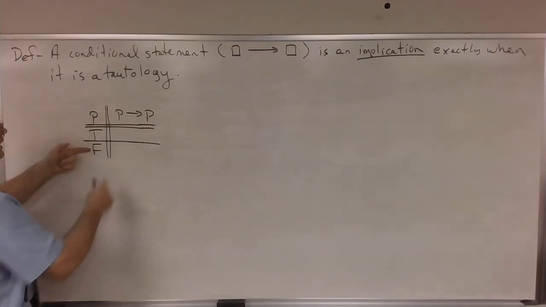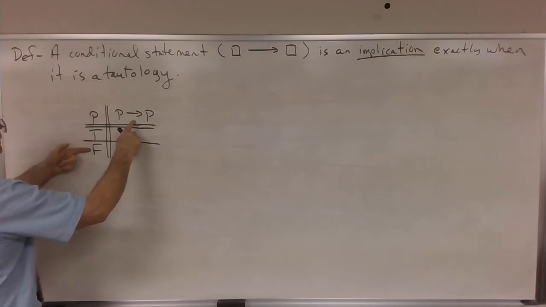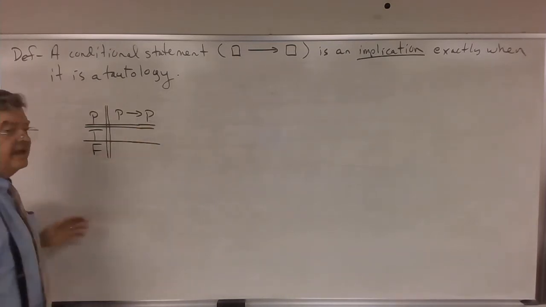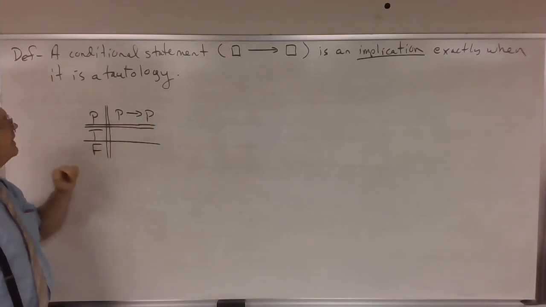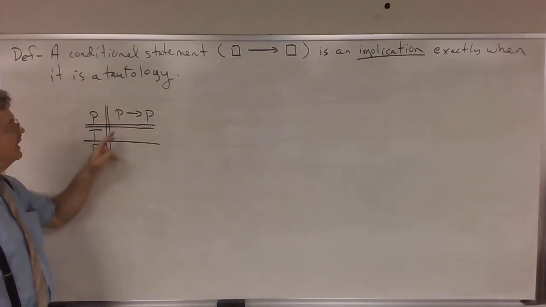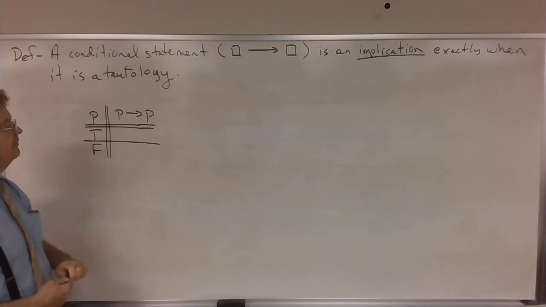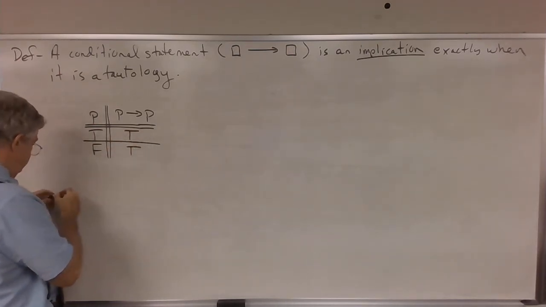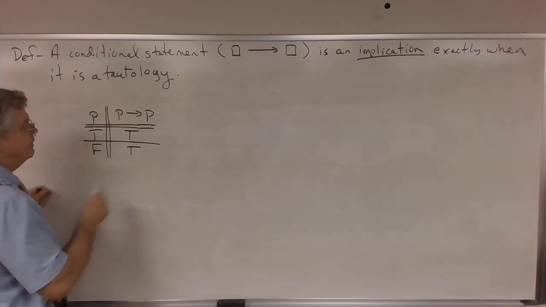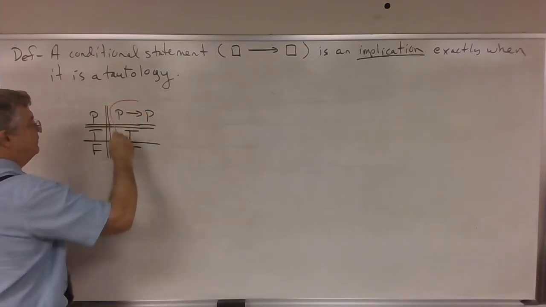And in this case, we have false implying false. It's never the case that we have true implying false. So this statement is always going to be true. And son of a gun, here's our implication.